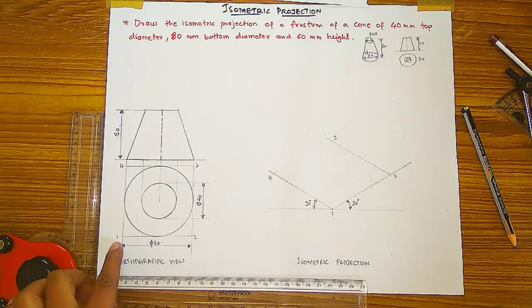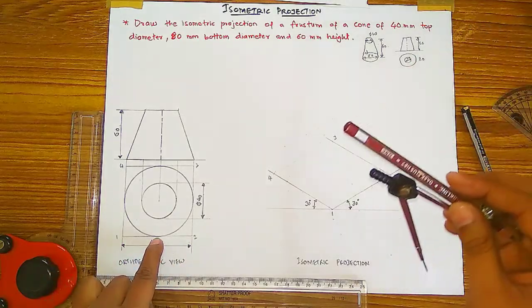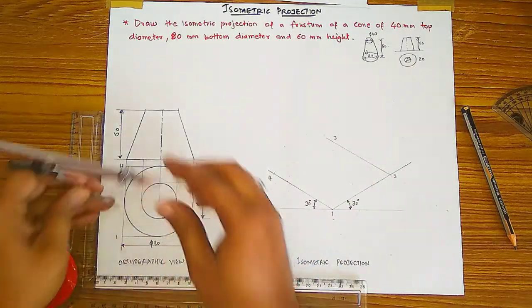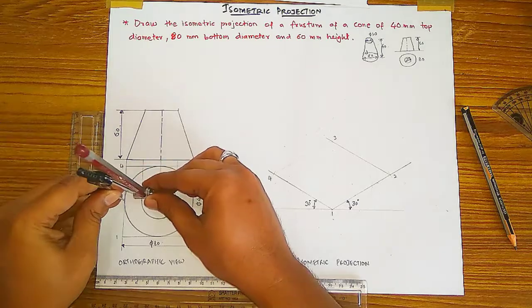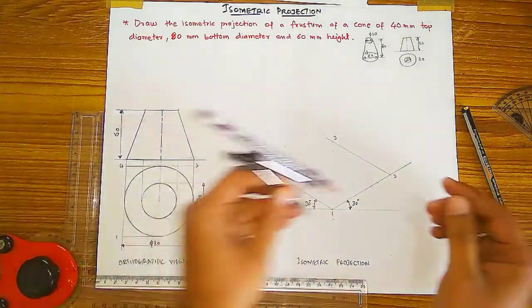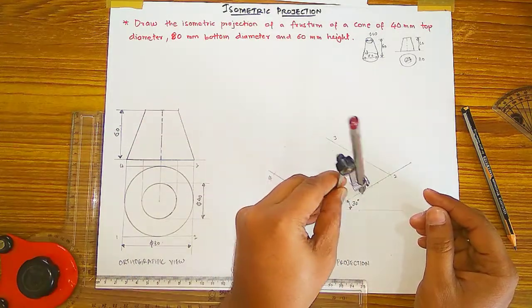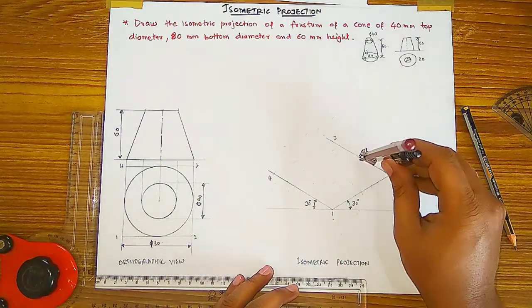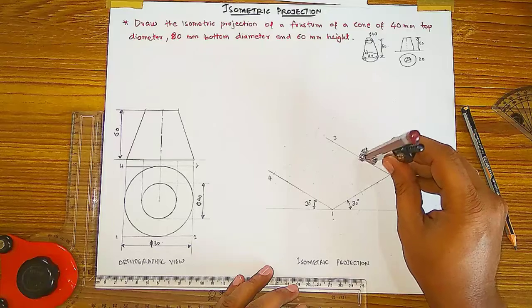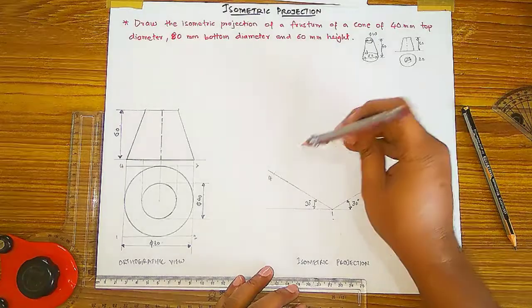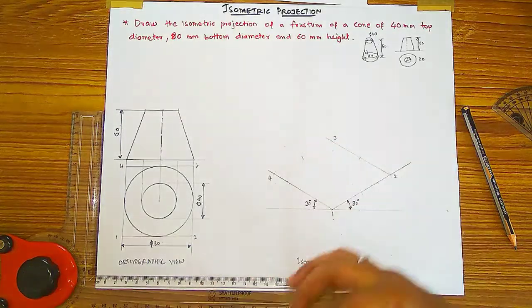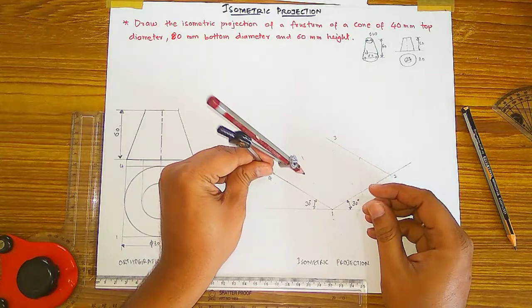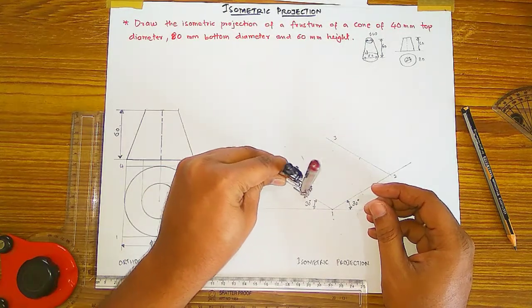In that rhombus only we have to draw this circle. The circle touches the line from 1 to 2 exactly at the middle. So the 1, 2 length we have to adjust on the divider, and on 1, 2 only we have to take an arc like this, and from 2 also, because the circle has all radii equal.